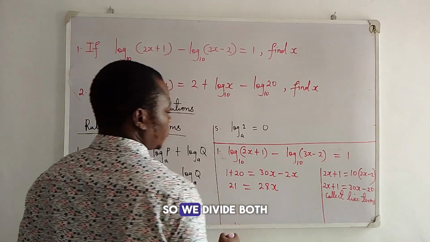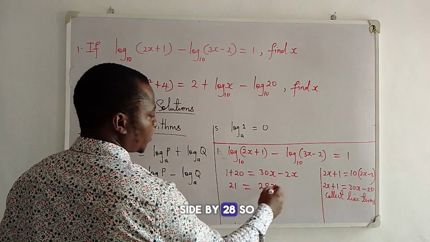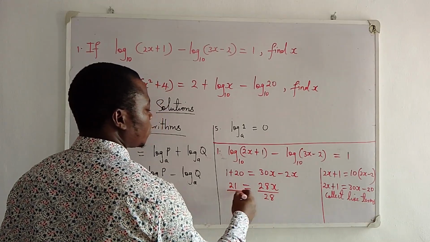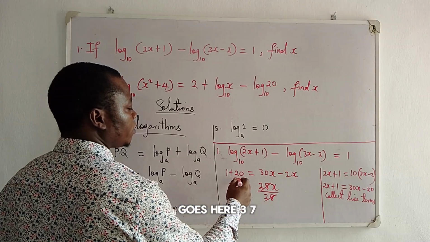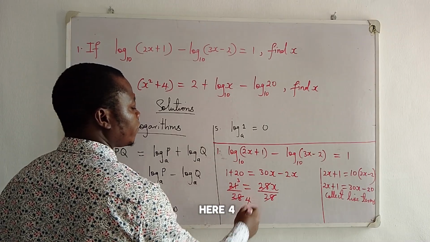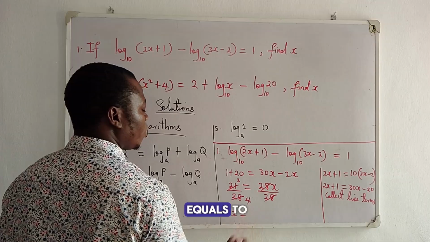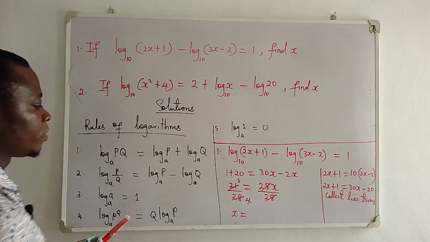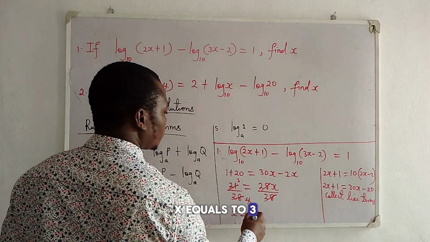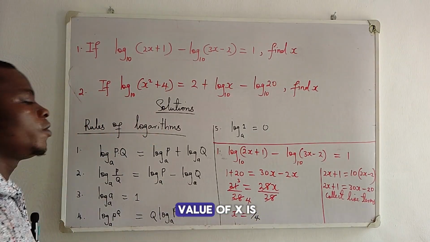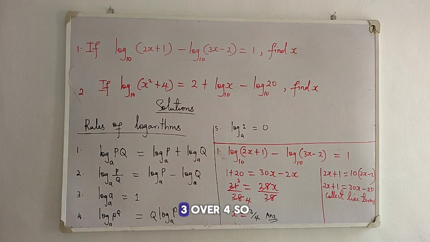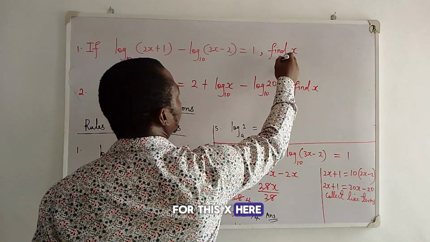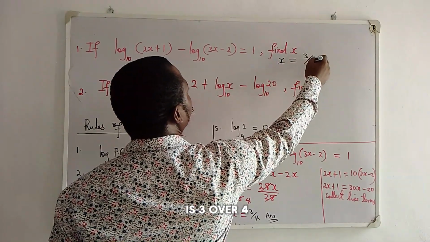So we divide both sides by 28. 7 goes into 21 three times and into 28 four times. So you have x equals 3 over 4. So the value of x is 3 over 4.